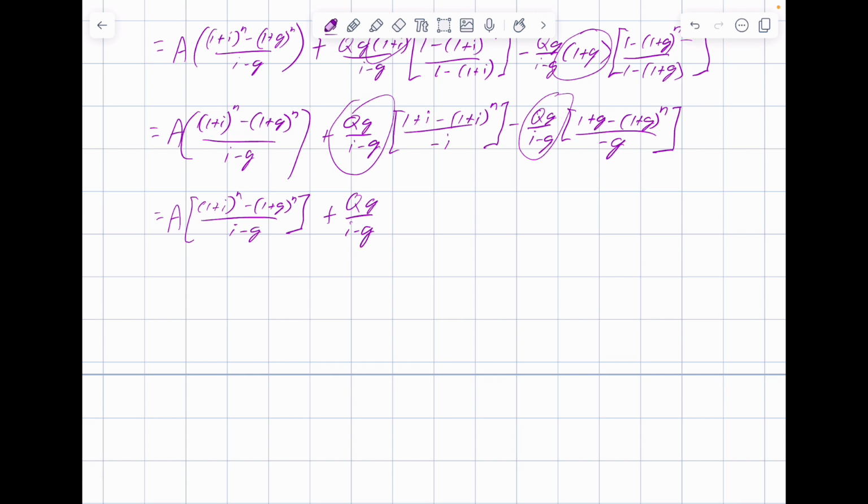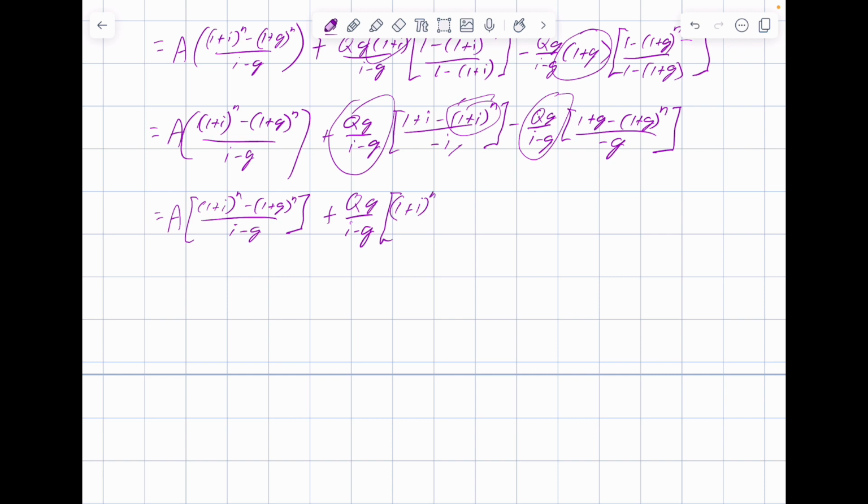We'll pull this qg term out of the parentheses. And inside, since we're multiplying this both top and bottom here by negative 1, I'll move this term here to the beginning.